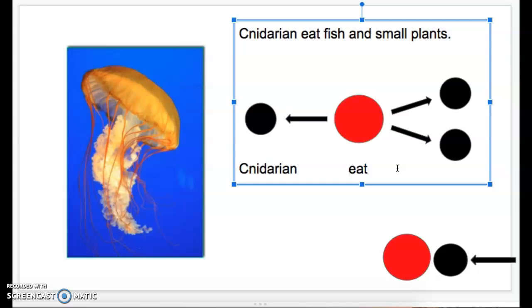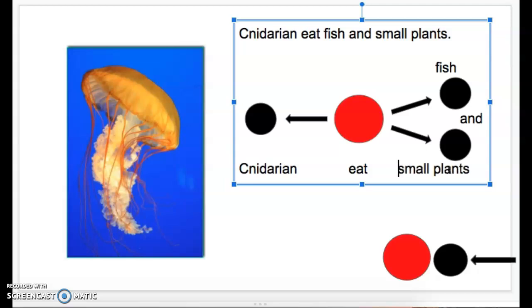And now that we know Cnidarian eat, we could ask, Cnidarian eat what? In this case, we have two things. We could say Cnidarian eat fish and Cnidarian eat small plants.